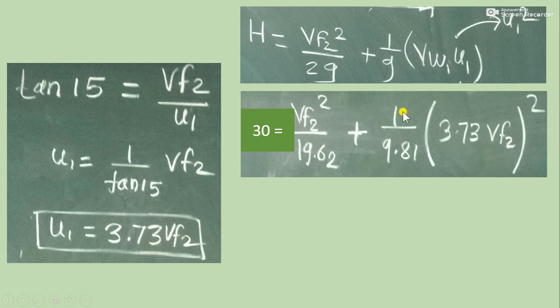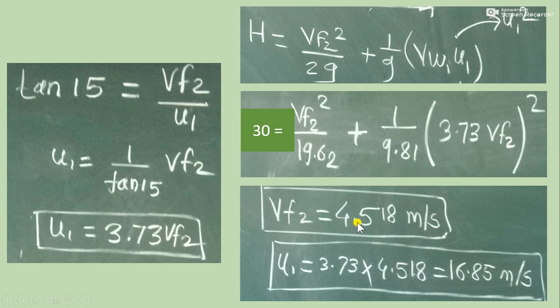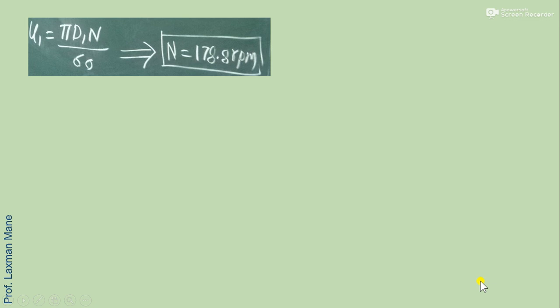Okay, now in this equation only VF2 is a single unknown. So by solving this we get VF2 value, and the relation between U1 and VF2 will give us the value of U1. Okay, now as U1 is calculated, left side is known, D1 is given, means from this equation we find speed of the turbine.